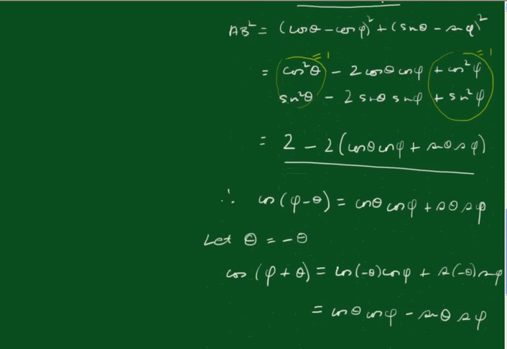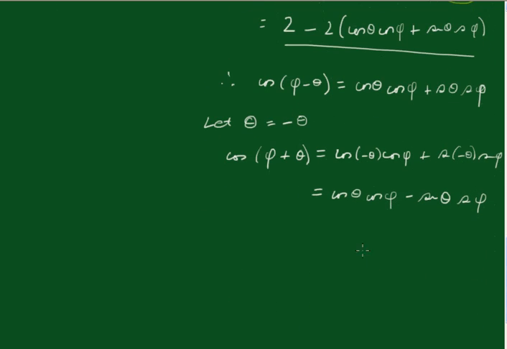Now, we know that the cos of 90 degrees minus theta plus phi is equal to the sine of theta plus phi, because they're complementary ratios.